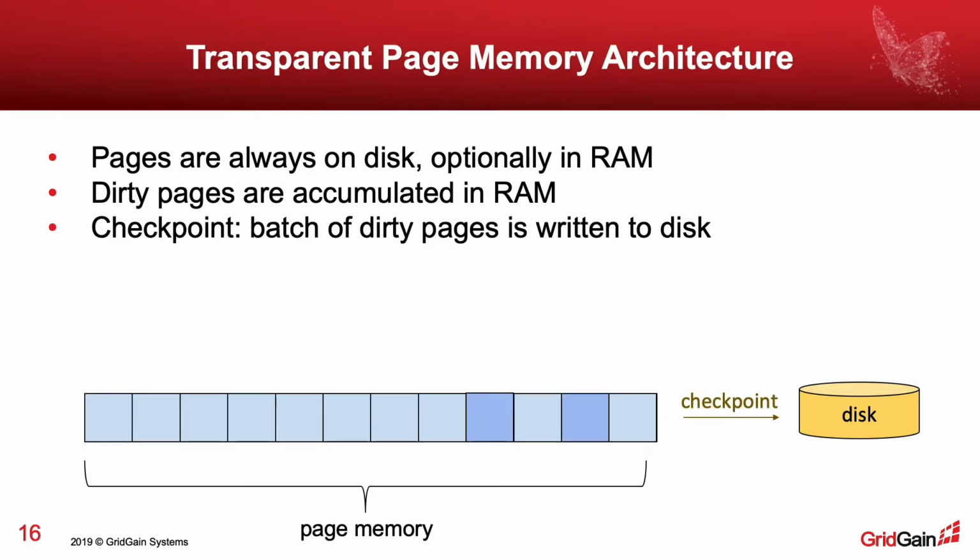Sooner or later, you have to synchronize the state of your dirty pages with disk, and that's the moment when the checkpoint comes. A checkpoint is a process of batch updating, batch synchronizing all your page state to disk. It occurs from time to time, and it just dumps all changes to your persistent storage.